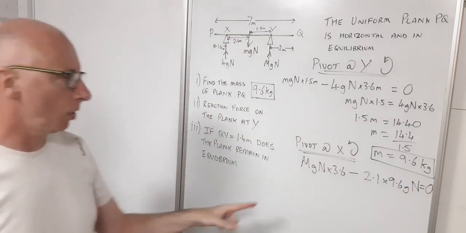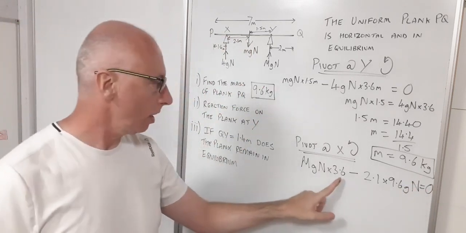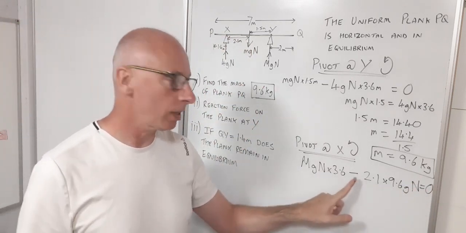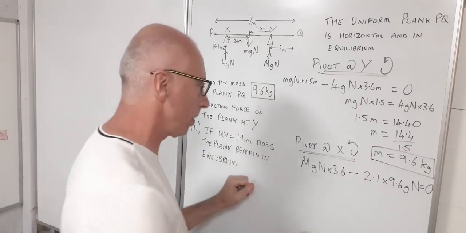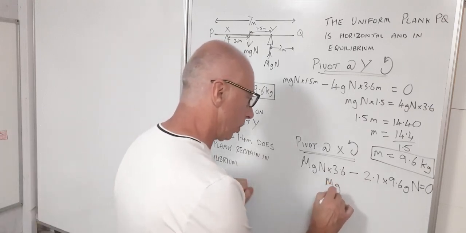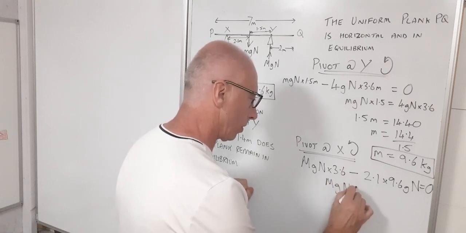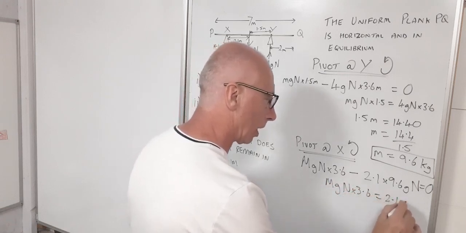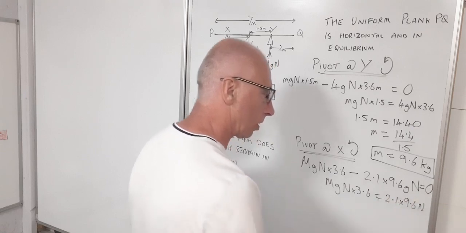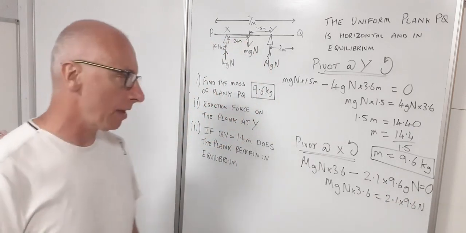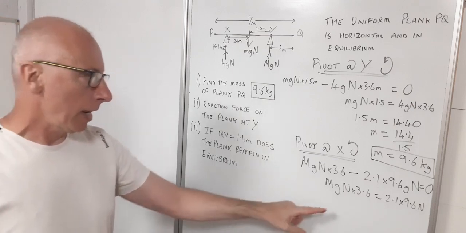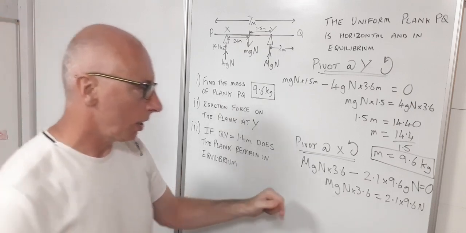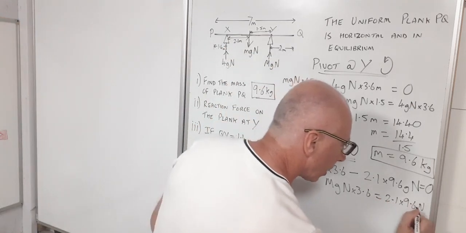So as we did before, we can set this on one side and this on the other side. So now I've got Mg newtons times 3.6 equals 2.1 times 9.6 g newtons. I forgot to put the g in there.